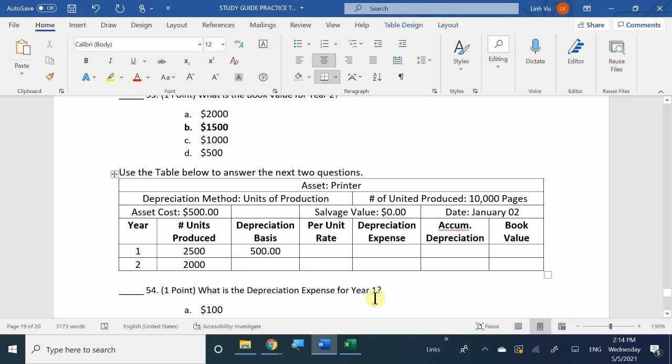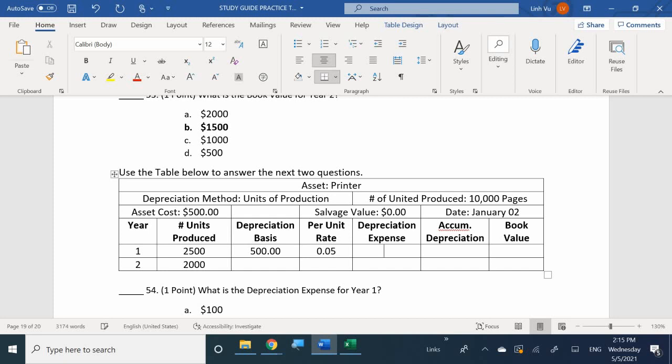We take the depreciation basis divided by the total number of estimated units it could produce. So we take 500 and divide it by the 10,000 pages. Every page that we use is going to cost me 5 cents.